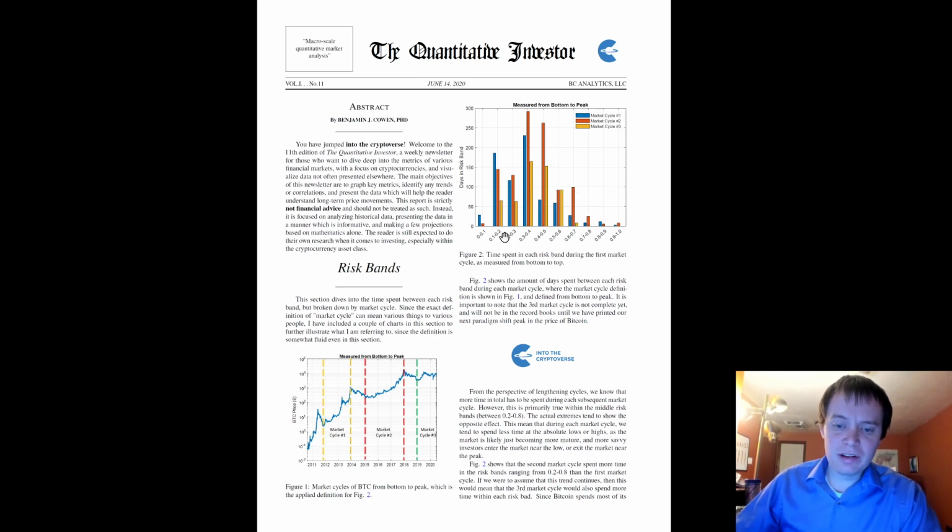So between the risk levels of 0.2 to 0.8, we spent longer in each risk band during the second market cycle, which is between these red lines, than we did in the first.